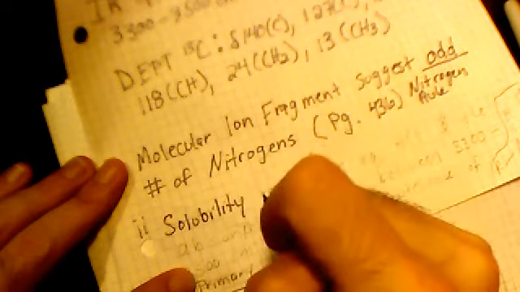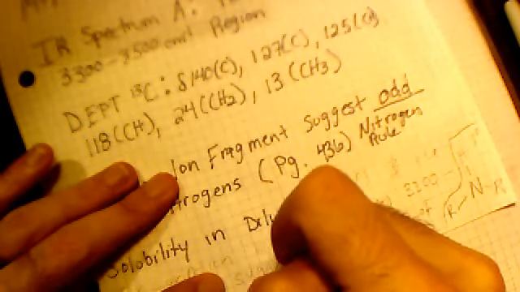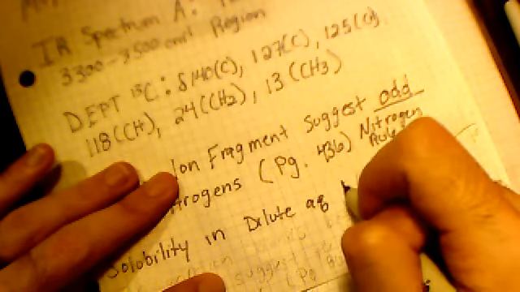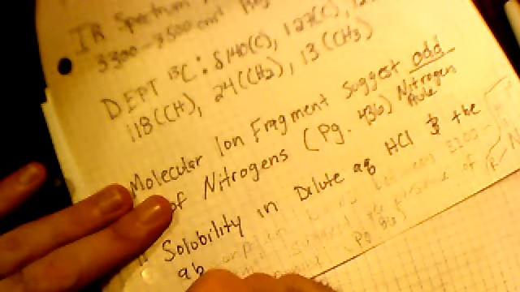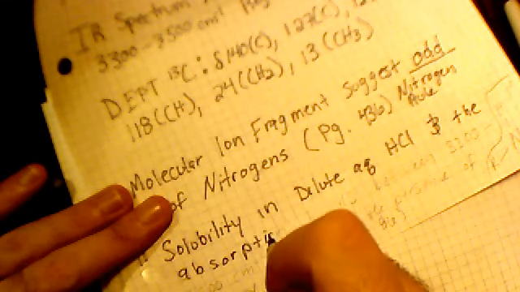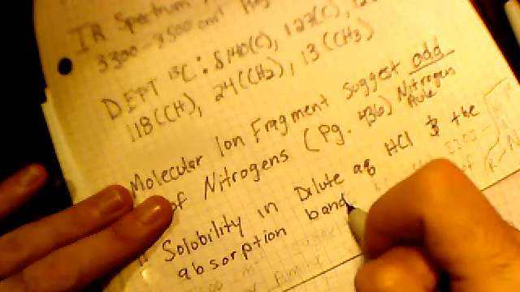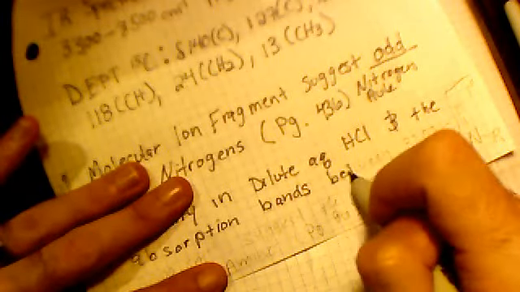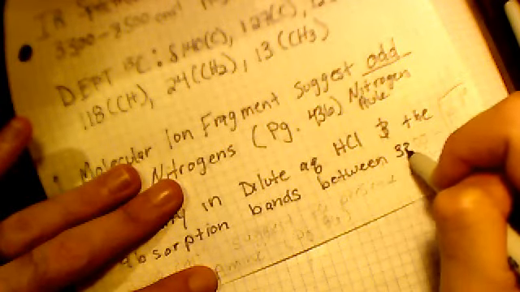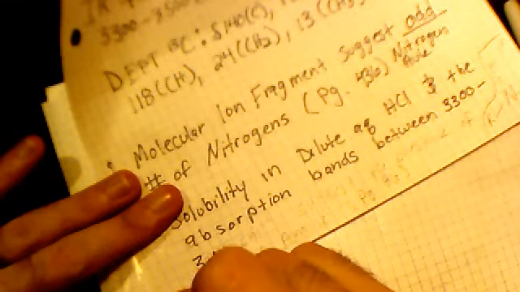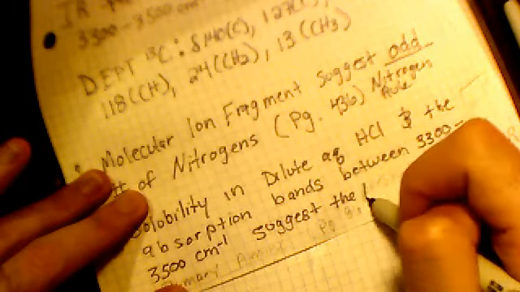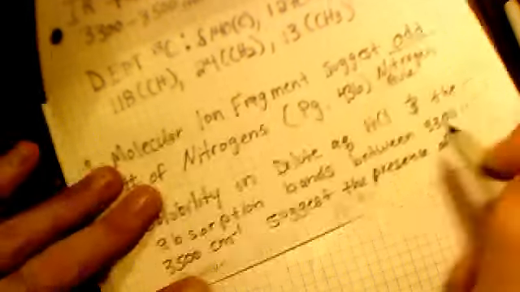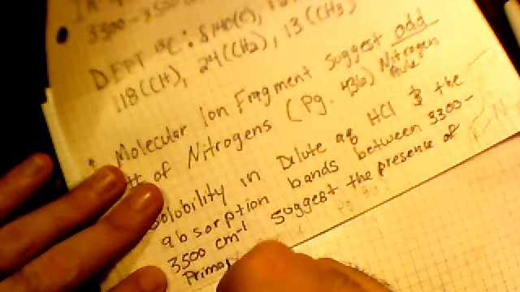The next question was about solubility. The solubility in dilute aqueous HCl and the absorption bands between 3,300 and 3,500 centimeters to the -1 power suggest the presence of primary amines.